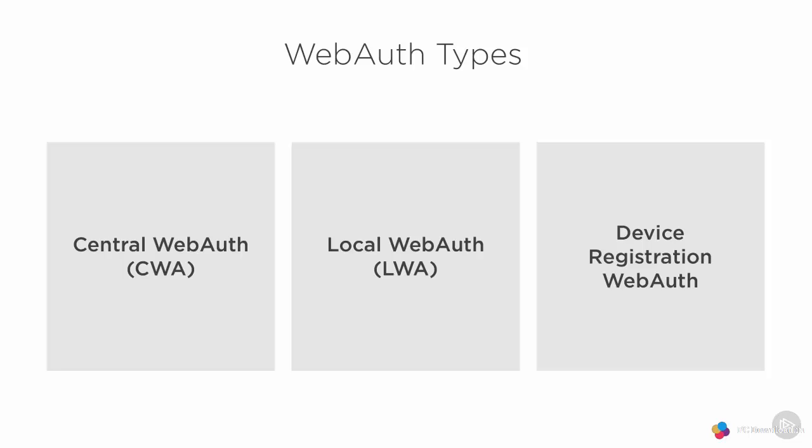After registering that address, then you have some control on whether you lose the device or not. You can put it into a lost mode, which would then apply some access rules to block it. Those are the three WebAuth types to discuss here. Again, we're going to focus on Central WebAuth. Now let's go into the more detailed Central WebAuth process.